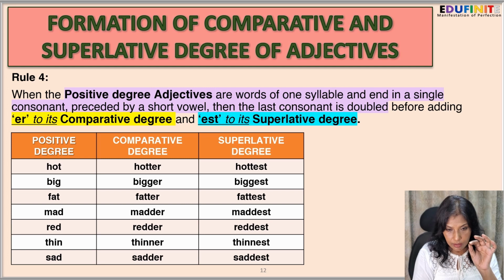Just notice that in each comparative and superlative case, we are just doubling the ending consonant. That means we are just writing it twice. Thin becomes thinner, T-H-I-N-N-E-R. Then thinnest, T-H-I-N-N-E-S-T. Similarly, sad becomes sadder, again double D. And then superlative is saddest, again double D.